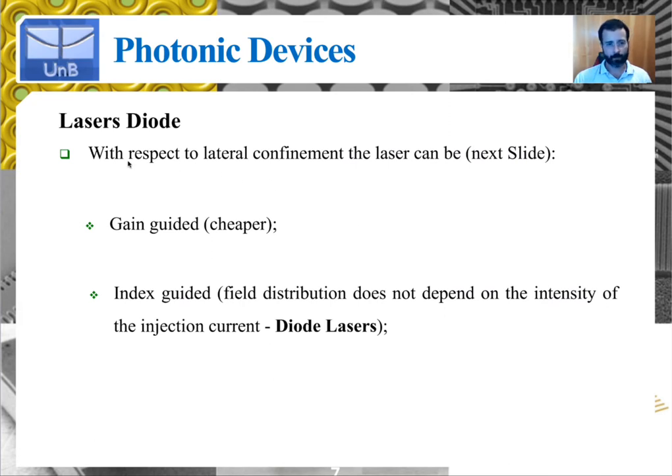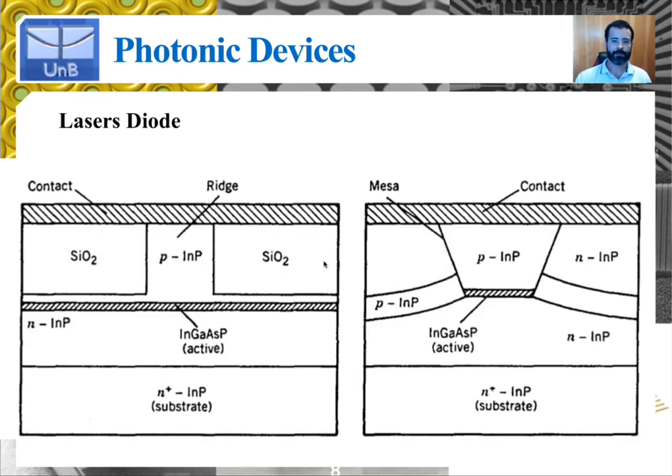And with respect to this other dimension, the lateral dimension, the laser can be gain guided or index guided. Okay, and these are illustrated here, right? So one type of gain guided laser diode and index guided laser diode are illustrated on the left and on the right here. So what you have here, this is a metallic contact, and you have the substrate right here, and the heterostructure is composed of these three semiconductors.